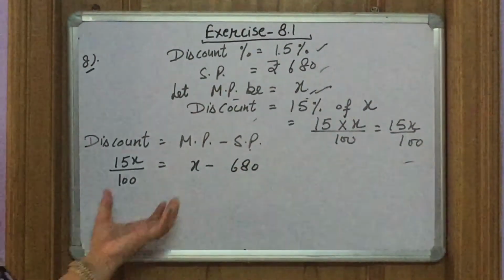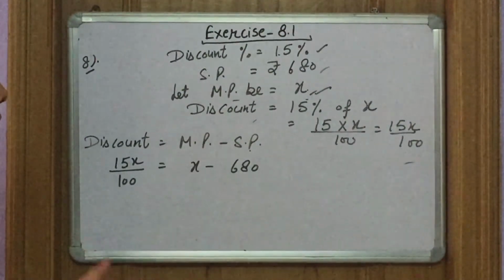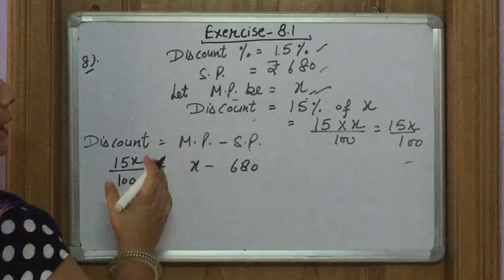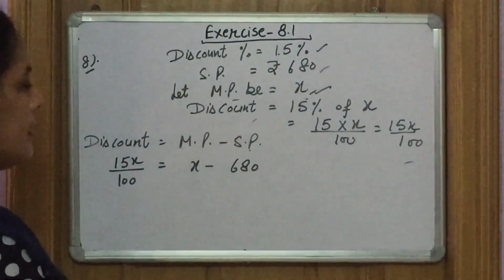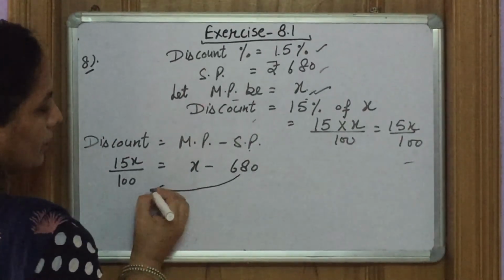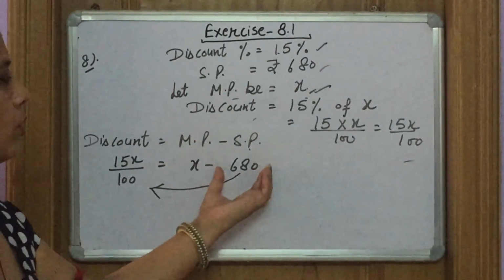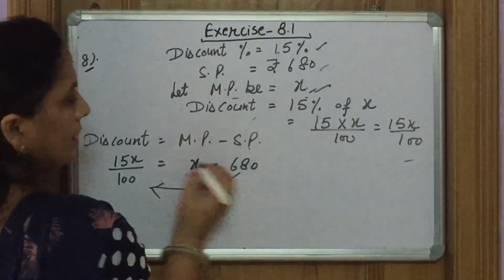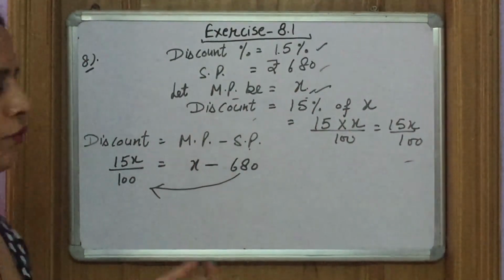Here we will do the calculation. We can transpose the like terms to the left hand side and just remain the constant term in the right hand side. So we can also do that. Just transpose the constant term to the left hand side so that its sign will be changed and it will be in the positive form.